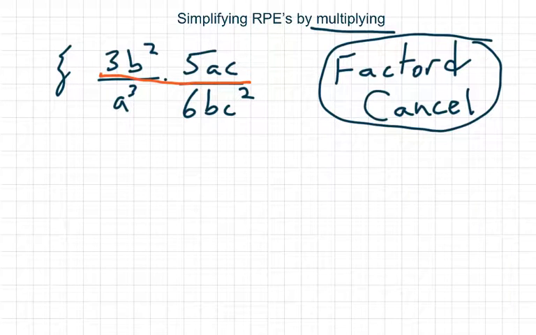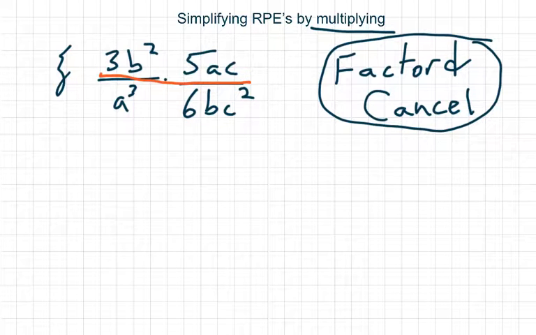You can't just cancel certain parts of a polynomial, if that makes sense. So if I had x minus 2 over 2, I can't cancel the 2's. It would have to be x minus 2 on the top and x minus 2 on the bottom. So let's get going with this monomial one because this one's pretty straightforward.